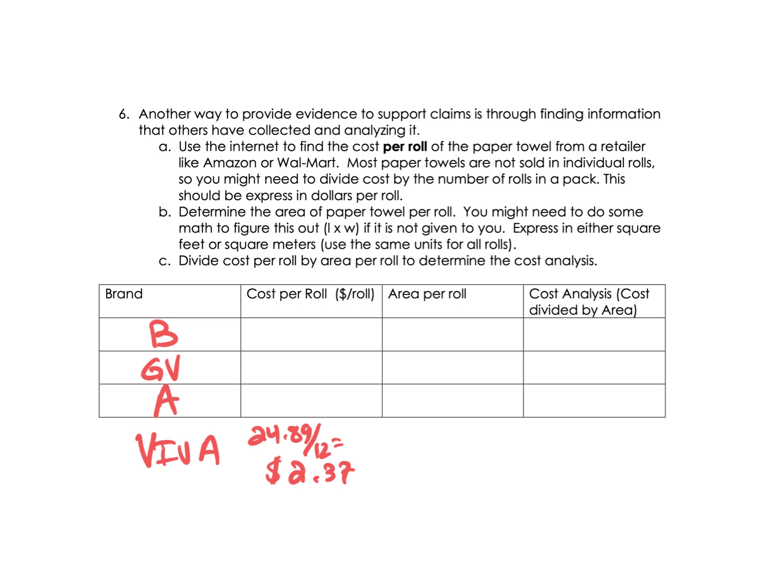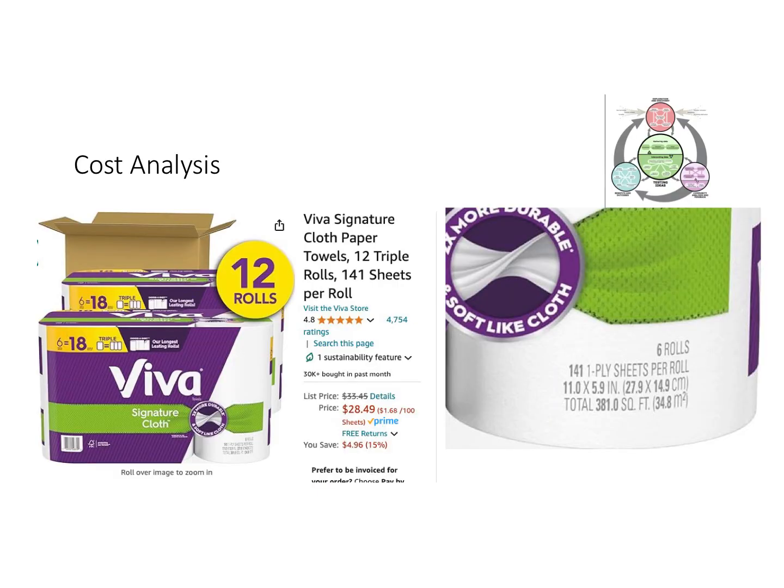Next, I need to figure out the area per roll. You can find this information by doing a Google image search, or sometimes you can find it right in the ads, and you just have to blow it up. When I do that, I see this right here. I see that there's 6 rolls, and I'm looking for an area, which is going to be down here in square feet or meters squared.